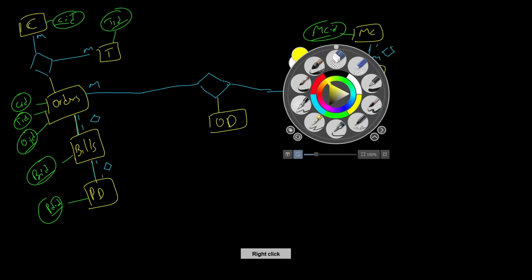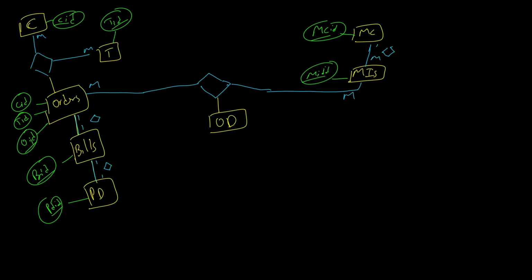This is a many to many relationship. This is order details, which will have order ID as foreign key, and MIID, that is primary key of this thing, of the IDs over here.